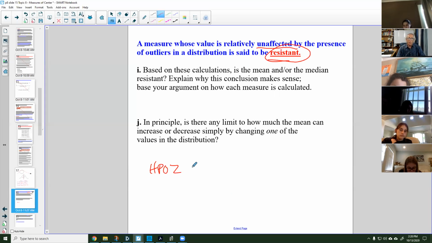So if somebody wants to say, well, the average price of a house in this neighborhood is such and such, well, they have to use the median. I don't want them to use the mean, because the median is the one that's going to give more of an accurate figure, because this one house is a huge outlier.